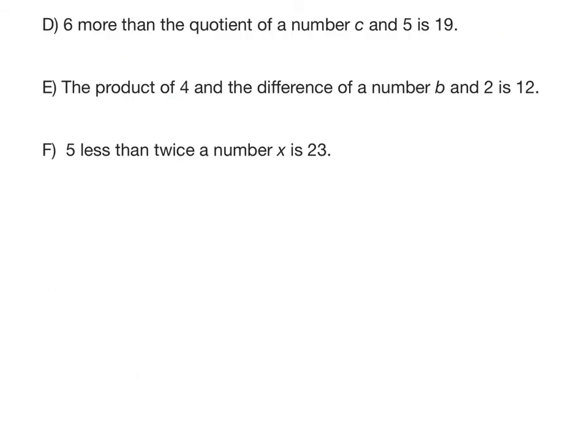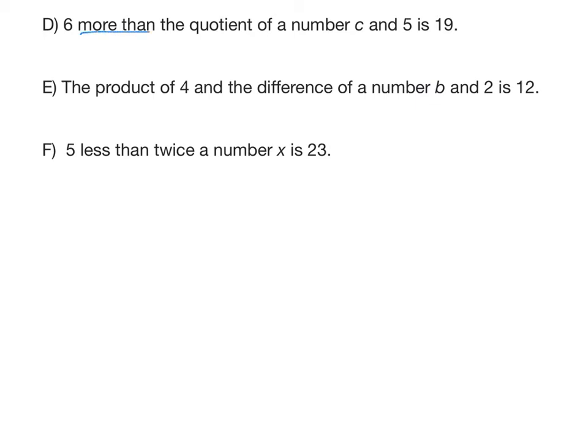We can also translate a verbal phrase into an equation. The only difference between an equation and an expression is that an equation has an equal sign. An equation compares two different expressions by saying that they're equal. In example D here, we have 6 more than the quotient of a number c and 5 is 19. Now this is another one of those cases where we have this than here.